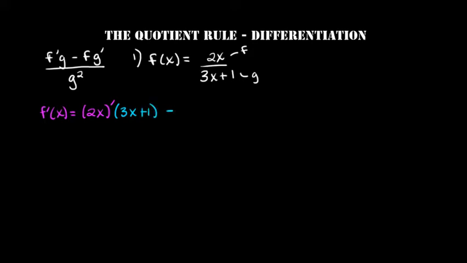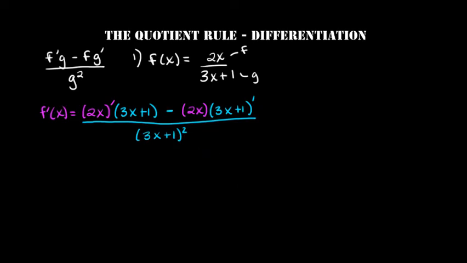Being subtracted, we have f again, 2x multiplied by g prime, 3x plus 1 prime. Just like product rule, our ends are being primed. But now we have divided by g squared, which our g is 3x plus 1, and it's squared.